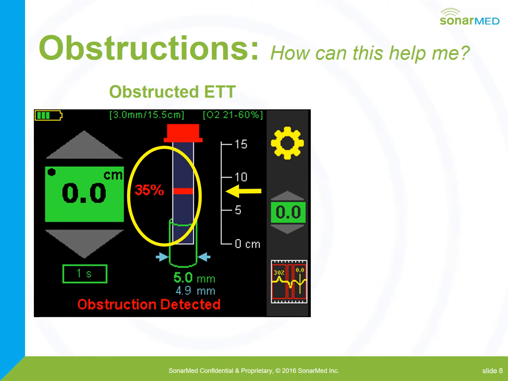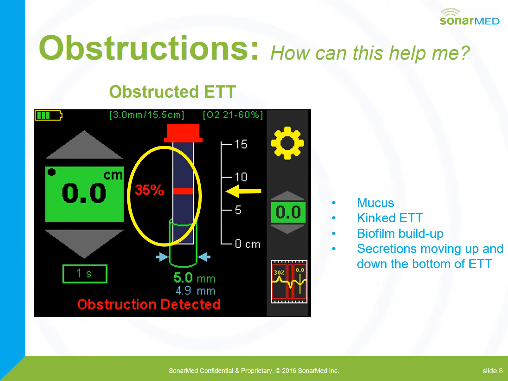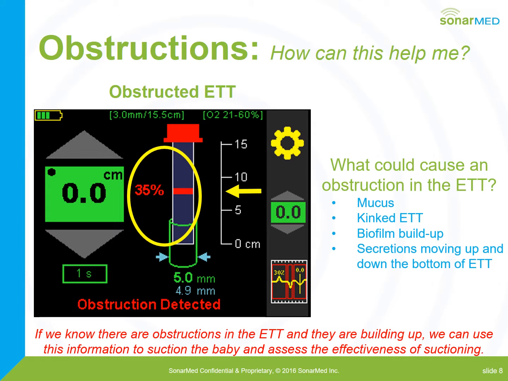But in this case, it's down at about the 8 centimeter mark, and most likely in this case would be secretions in the tube. Knowing that secretions are building up in the tube can really help us to manage the secretions better in the baby.